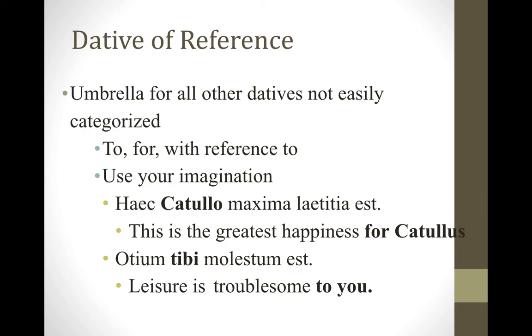Okay? So, moral of the story there, when you come across a dative and you're translating Catullus's poetry, a to, a for, or to whom or of whom, all of these things are options for how you can translate those.